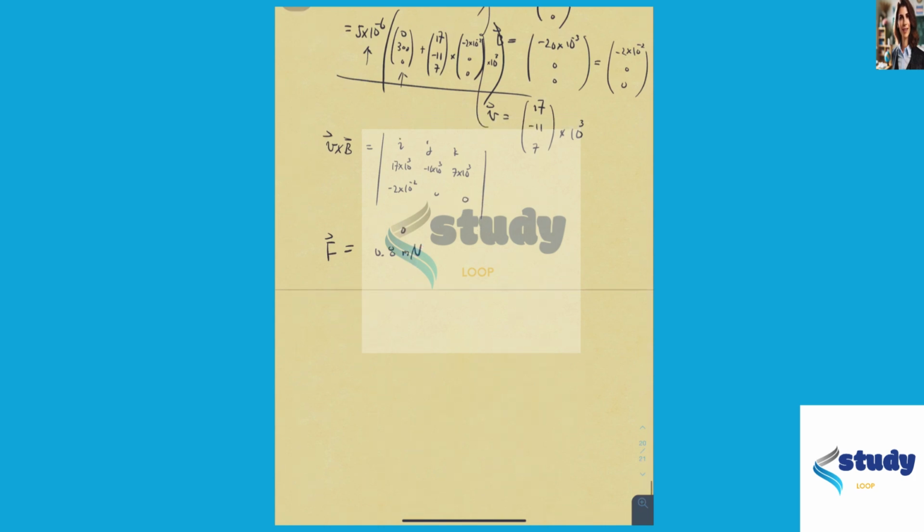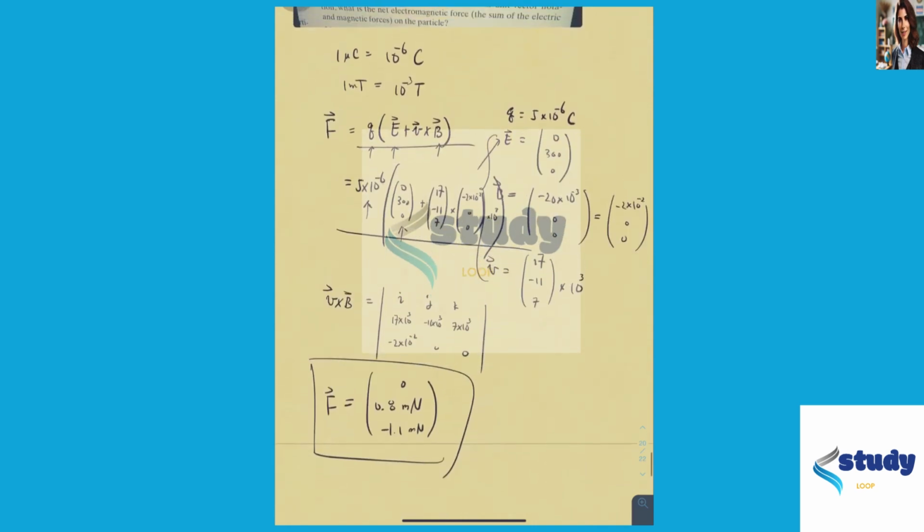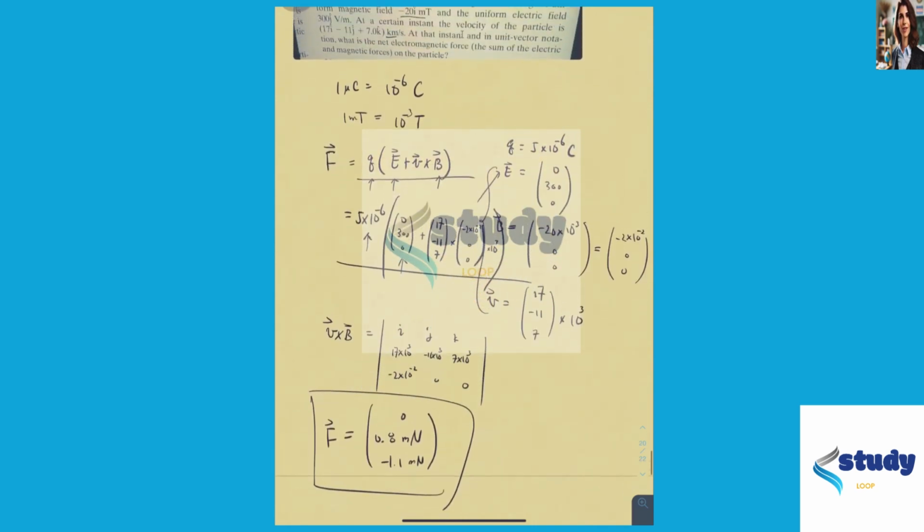That's 0.8 millinewtons in the j hat direction, and then minus 1.1 millinewtons in the z hat direction. This is the force. The way you get this force is, like I said, you do this cross product, you add it to the E field, and then you multiply it by the q.